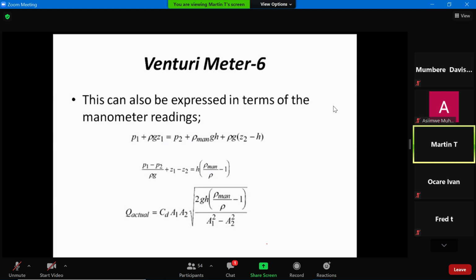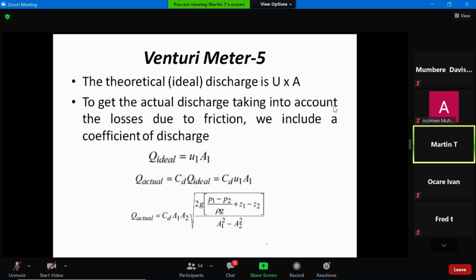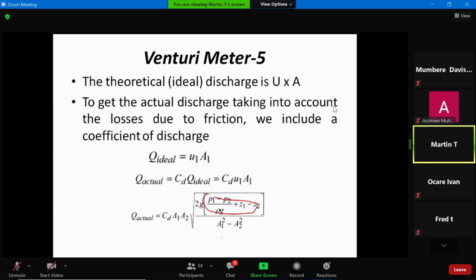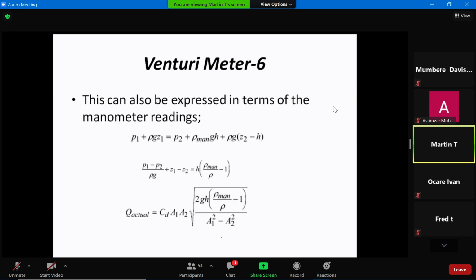So when you substitute into this, you bring this (rho_man over rho minus 1) H here, and Q actual becomes that. Any question?